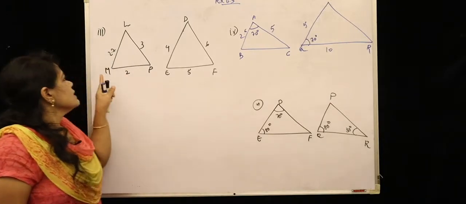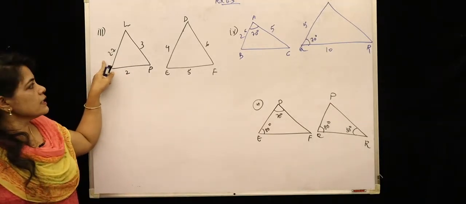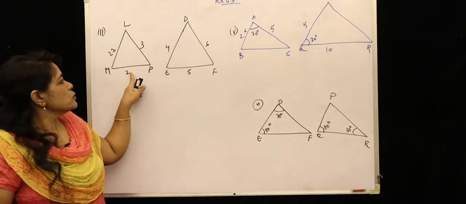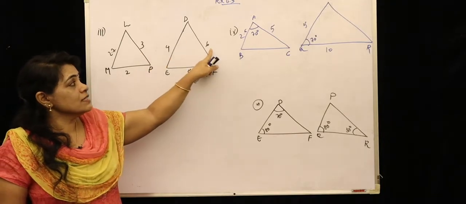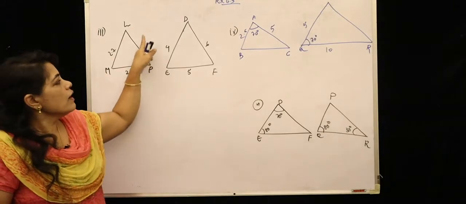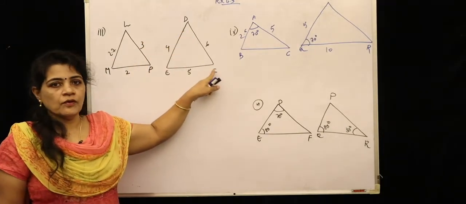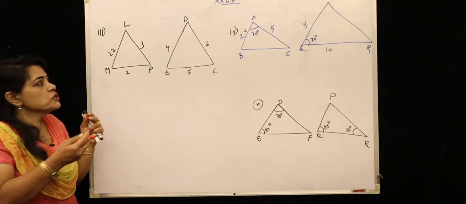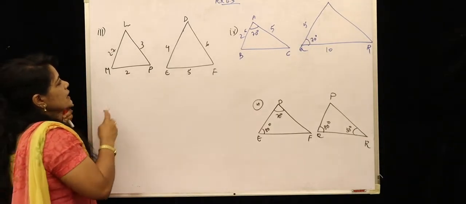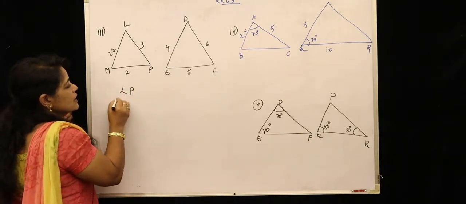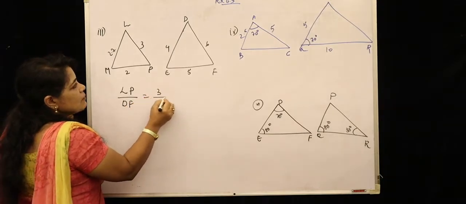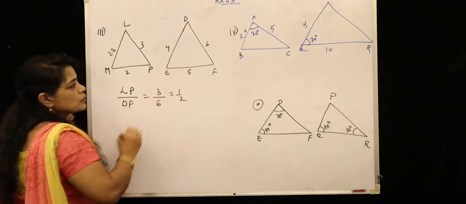Okay, so for that, here LM corresponds to any one of the sides. See children, you can see here 3 is there and 2, and here you can see 6 and 4. So LP divided by DF. If you are taking that ratio, that is in triangle LMP, the ratio of this side with the DF of the second triangle, you can see that 3 by 6, that is 1 by 2.